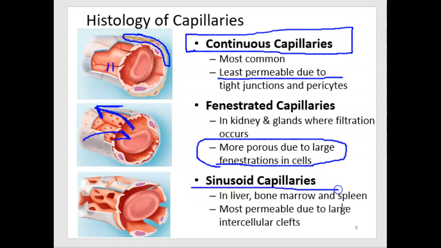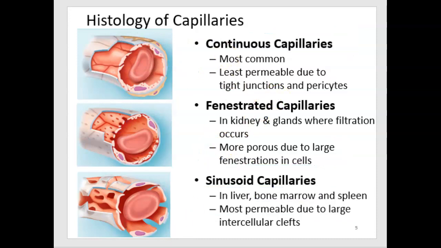Sinusoid capillaries are super leaky, and these are located in the bone marrow primarily. At least that's what we'll discuss. And again, in this lecture, we're going to deal with just the basic continuous capillaries, which are the most common throughout the body and the least permeable.